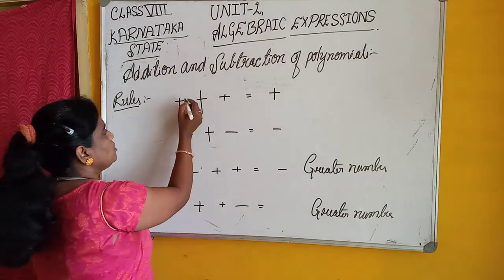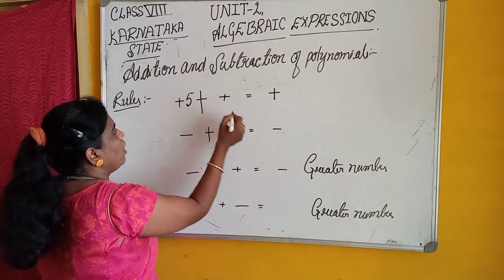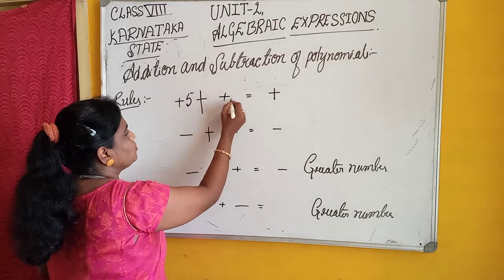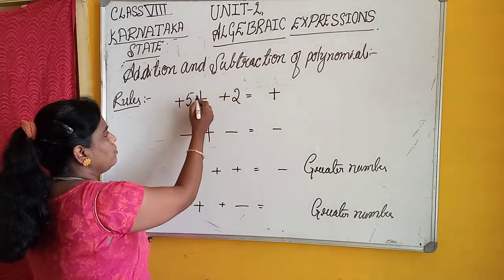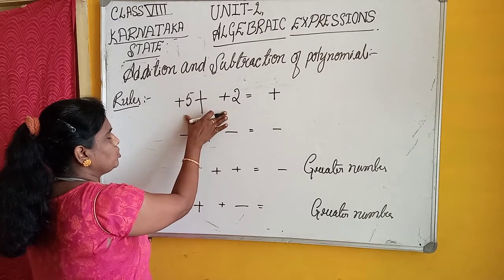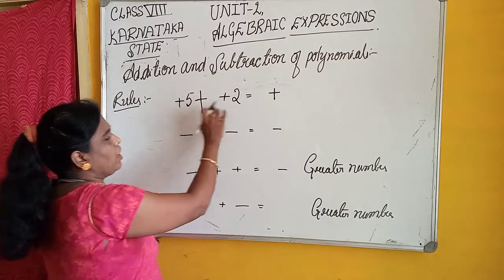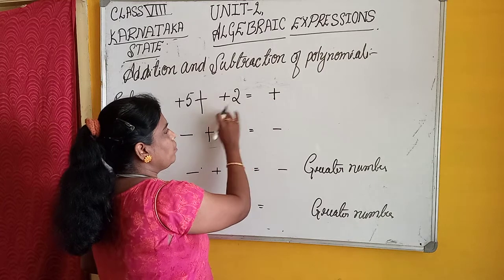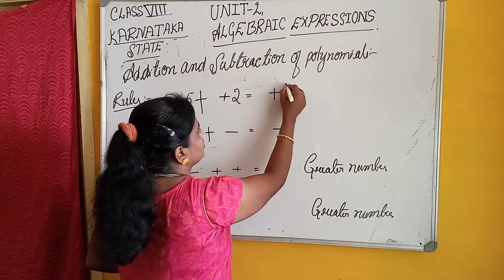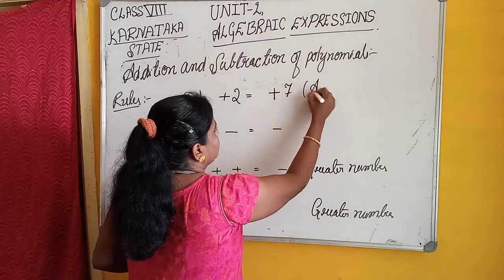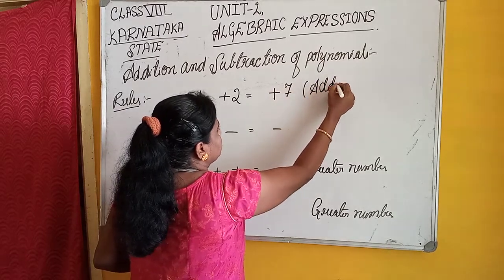Here, a positive integer plus another positive integer. When we add two positive numbers, the answer will also be positive, the sum of those, and we are doing addition. Okay, here we have to do addition of those numbers.